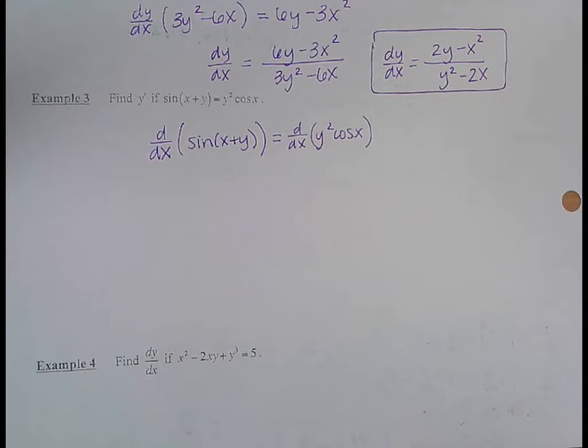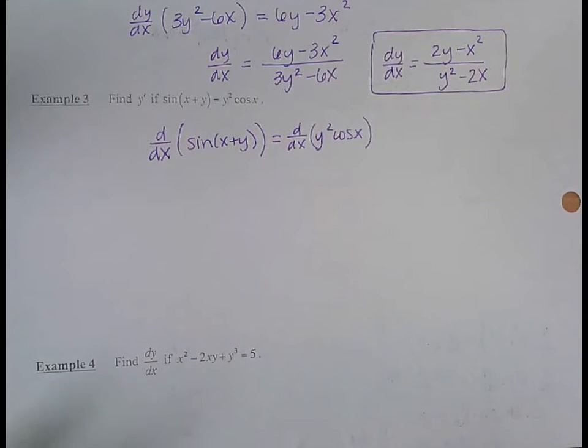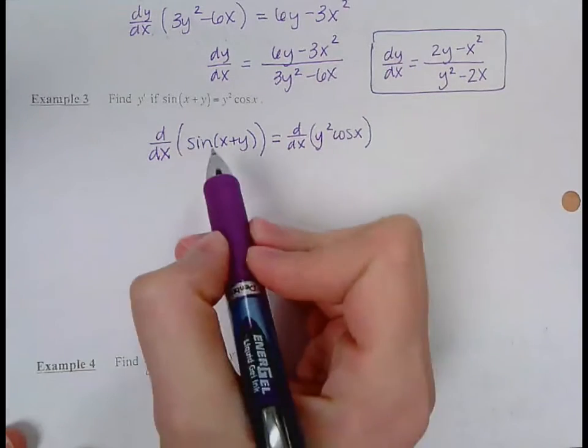To take the derivative of the left side, how would I do that? I need the chain rule because I have sine of x plus y. You cannot distribute sine to get sine of x plus sine of y. Okay, so don't do that. Just pointing out things I've seen happen. Don't do that.